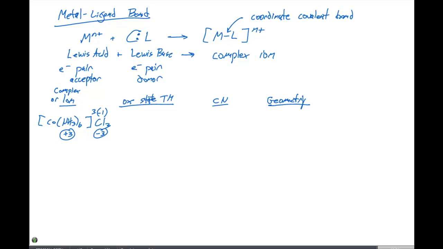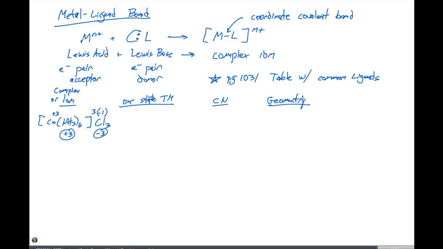So if you look at page, and I'll put a note up here, page 1031, there's a table with the common ligands. You're going to be responsible for them on an exam. One of those ligands on that table is ammonia. Ammonia is neutral, so that means that the cobalt must be a +3 oxidation state here.